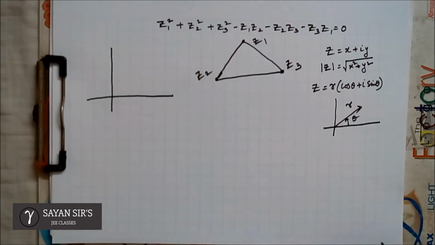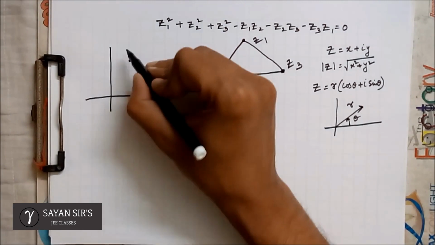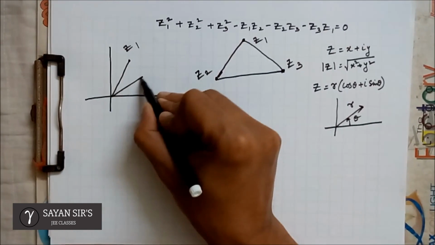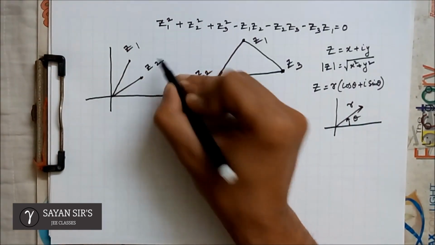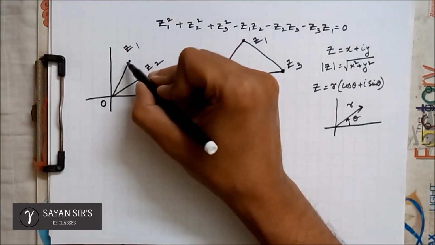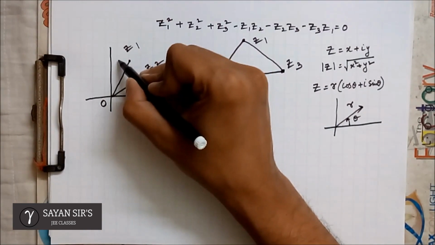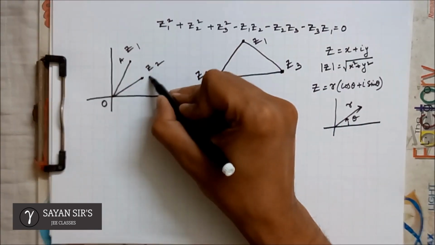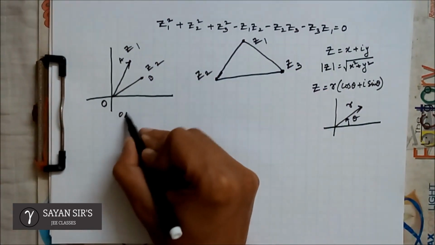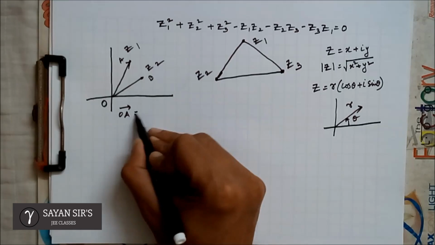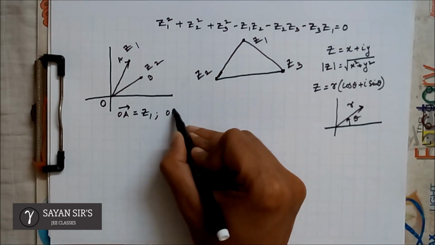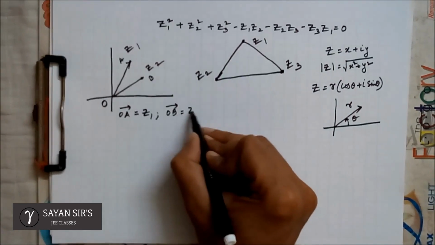So suppose I have two complex numbers, z1 and z2. The origin, say, is O. So let's call this point A, and let's call this point B. We can represent the vector OA by the complex number z1, and we can represent the vector OB by the complex number z2.